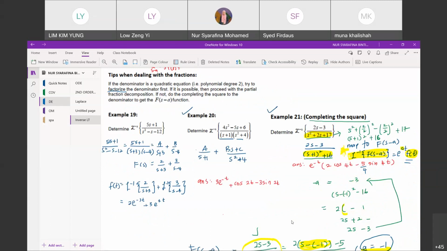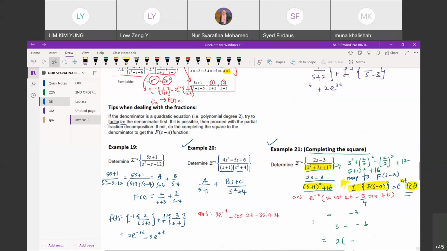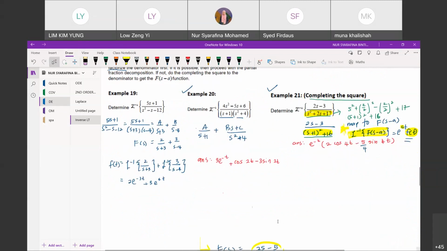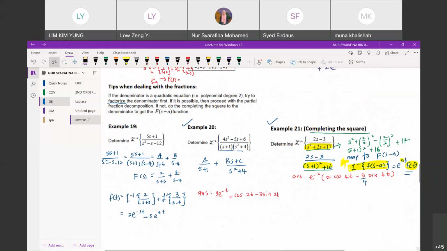Okay, try this one, 20 and 21. The answer is there. For 19, you just factorize. S squared minus s minus 12 becomes s plus 3, s minus 4.